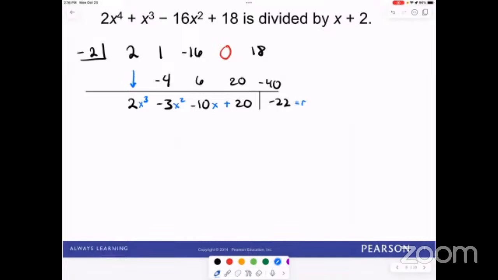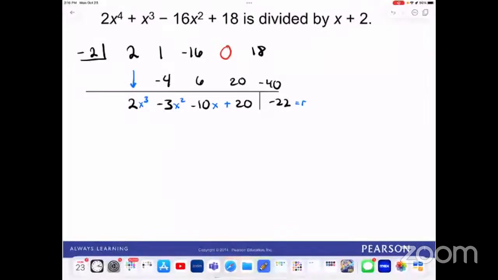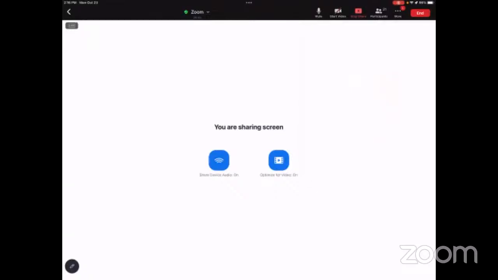Okay, let me check on you guys in Zoom. Okay, I got a few. Let's see. So now, I think that's properly let everybody in.